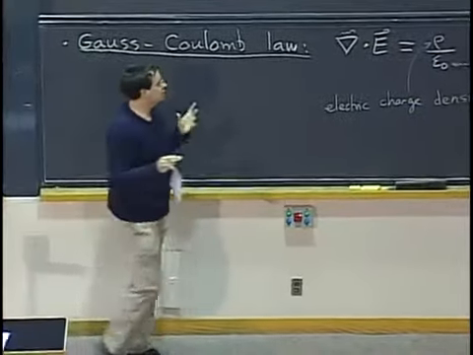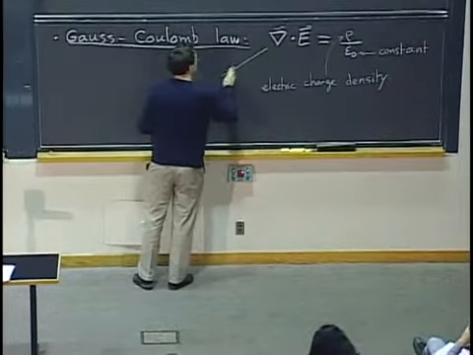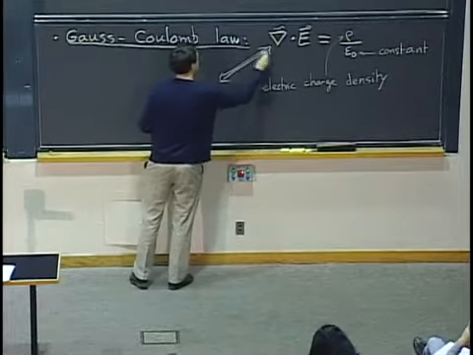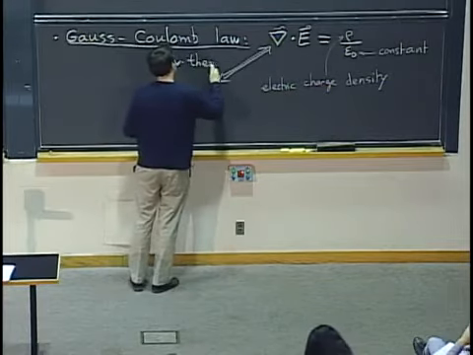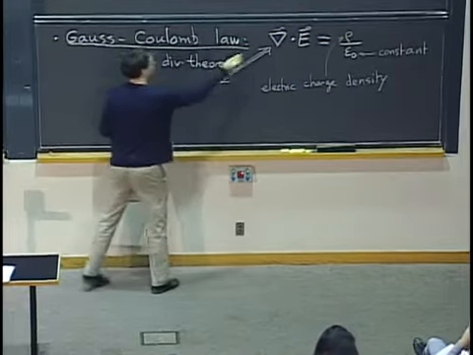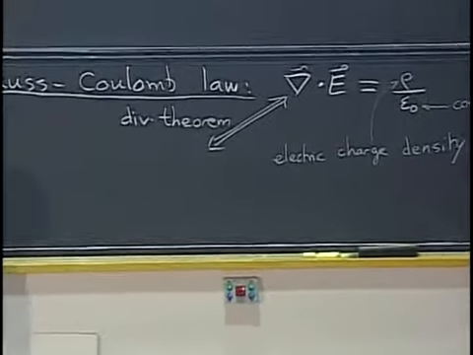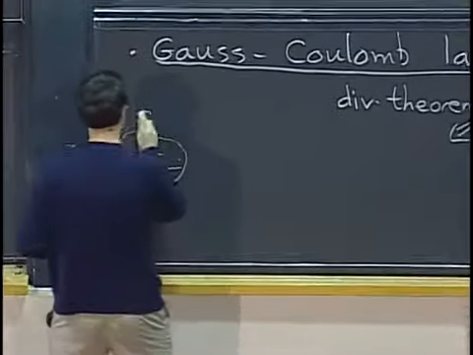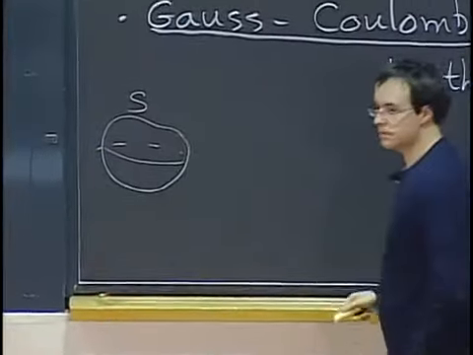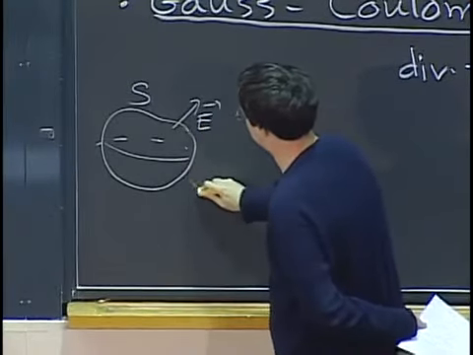Okay, so what's actually more intuitive is what we get if we apply the divergence theorem to this equation. Okay, so if I think now about any closed surface, and I want to think about the flux of the electric field out of that surface.